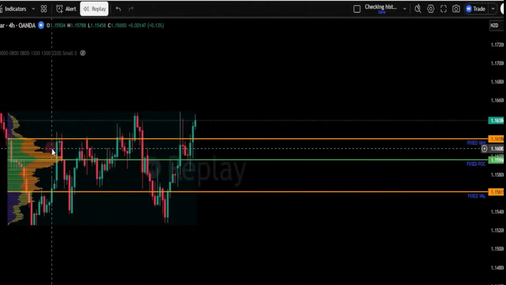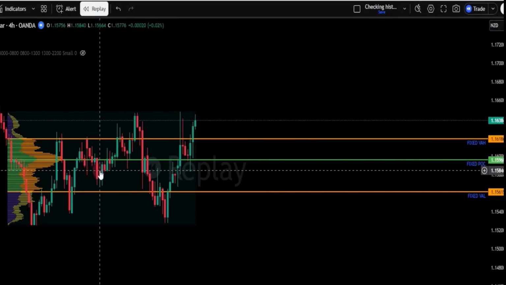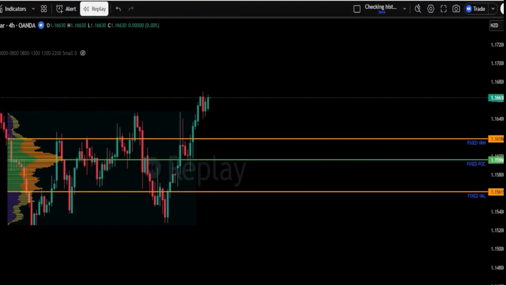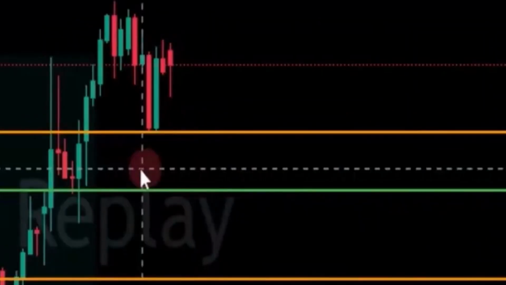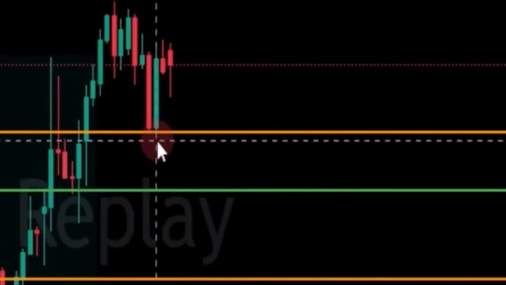Now, look at this example. Price had been in this range for about 2 weeks. Eventually, price breaks to the upside. Now watch what happens next. Price comes back into our range and you can see the reaction from our fixed value area high.